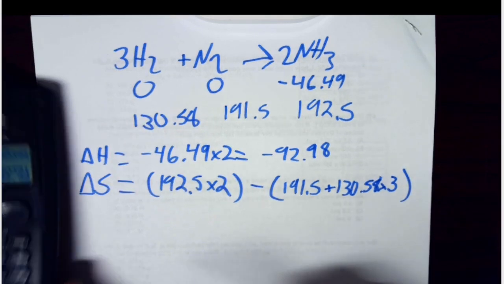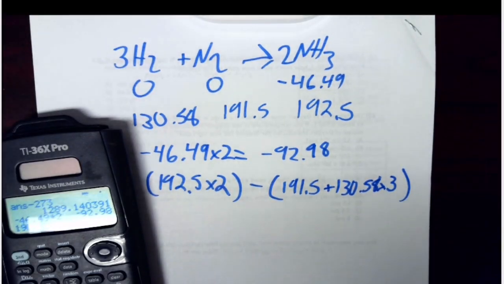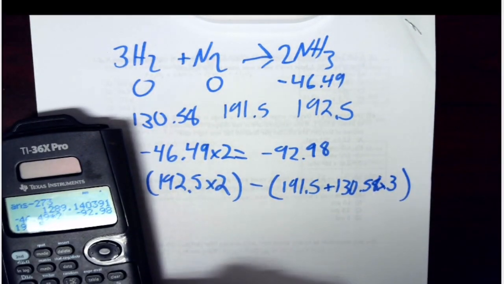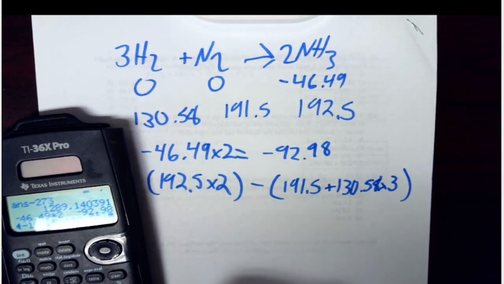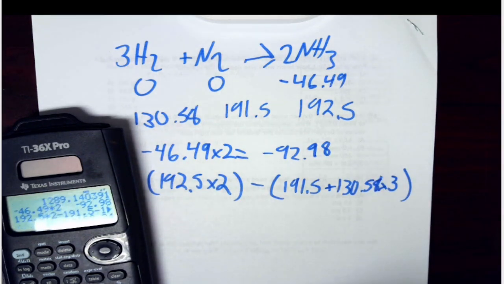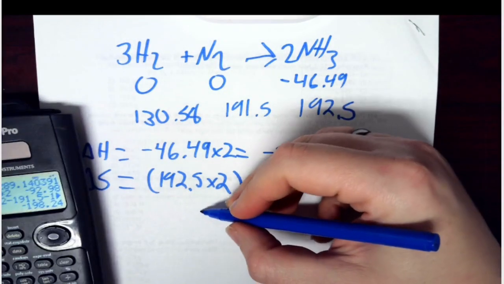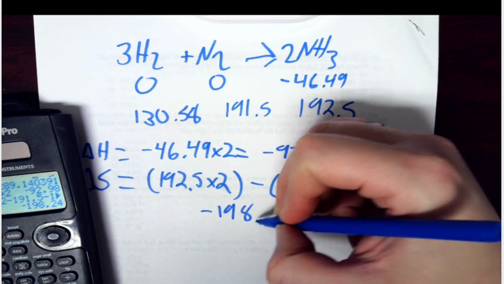Entropically, not going to be favored. So 192.5 times 2 minus 191.5 minus 130.58 times 3. Delta S is going to be negative 198.24.